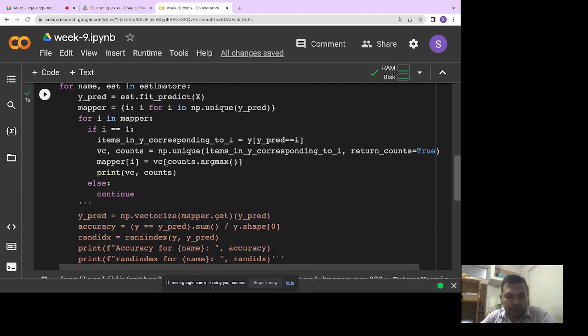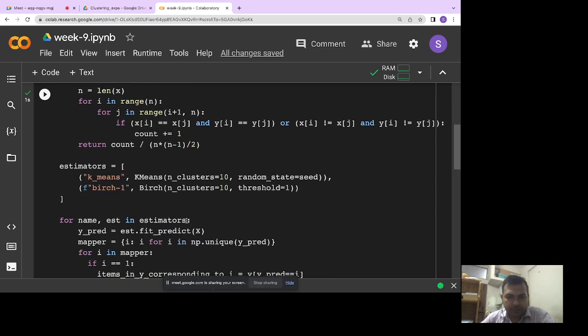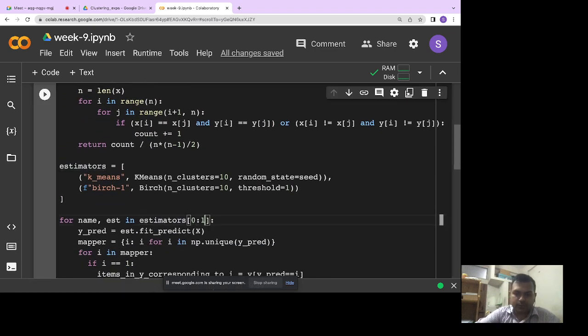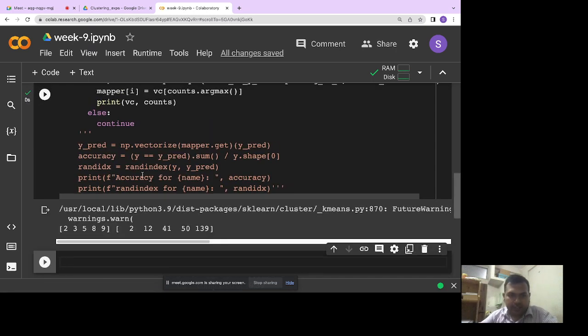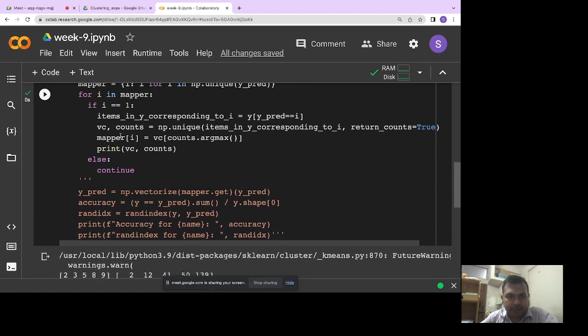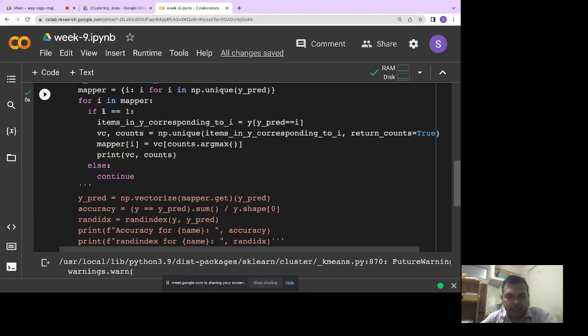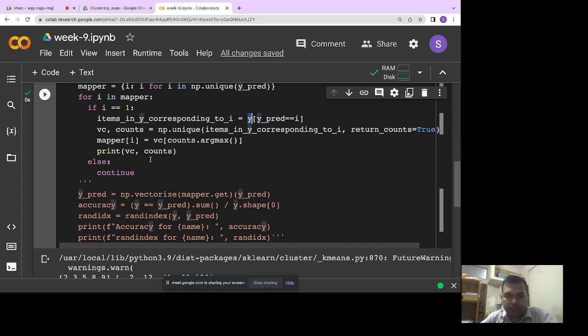Yeah, so what you see here, let's just talk about only k-means for now. I'll remove Birch. Here, when I look at I equal to 1, that means of all the cases where I have predicted I equal to 1, what are the actual values of the target there, and I am taking a count and a unique of all those.